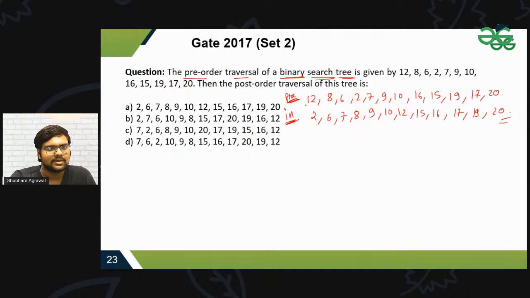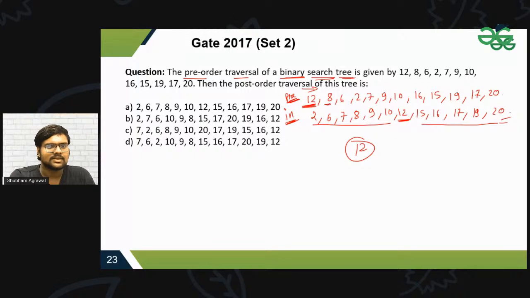Since it is a pre-order, we will start from the left. So here 12 will be our root node. We will search 12 from here, so there will be a left subtree and a right subtree. Now the left of 12 will be 8, since after 12, 8 is there.